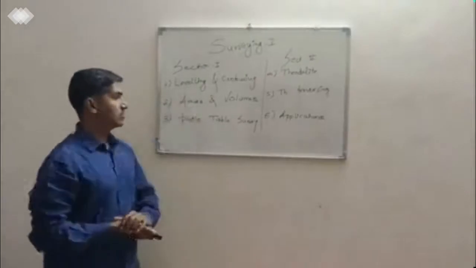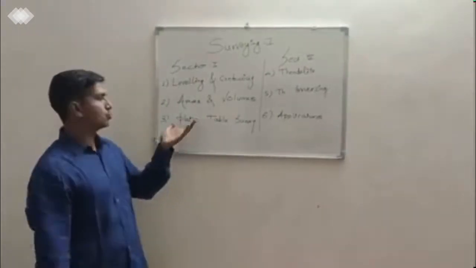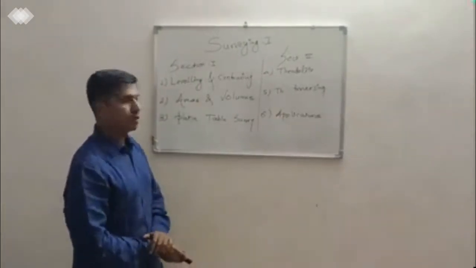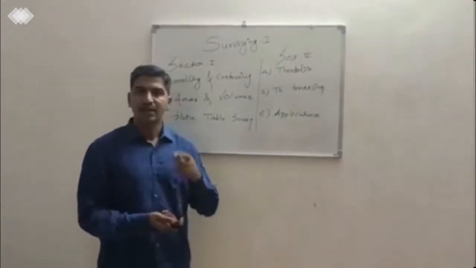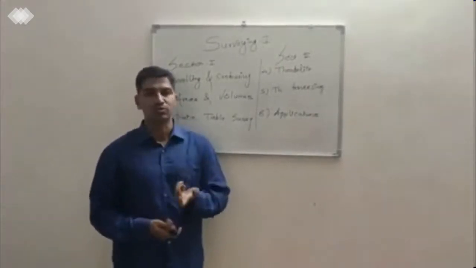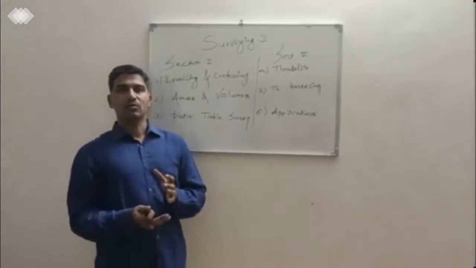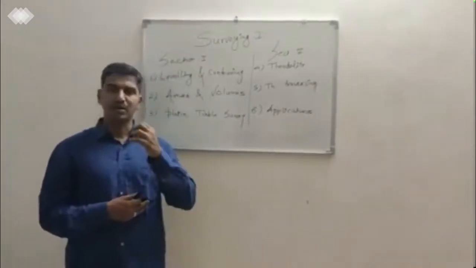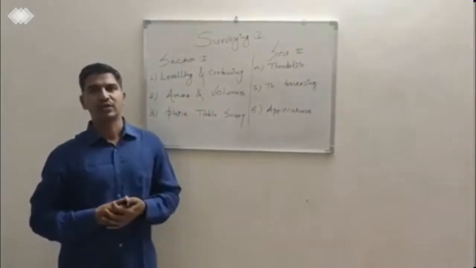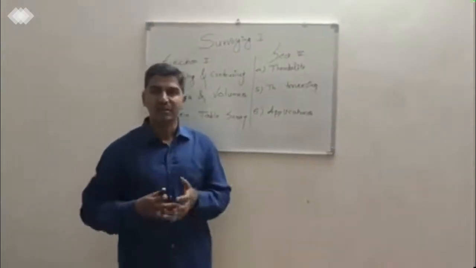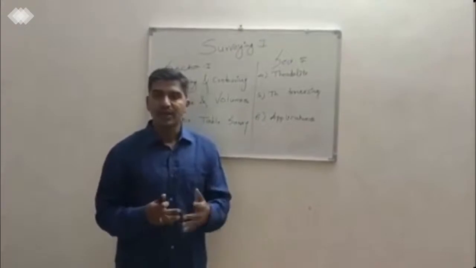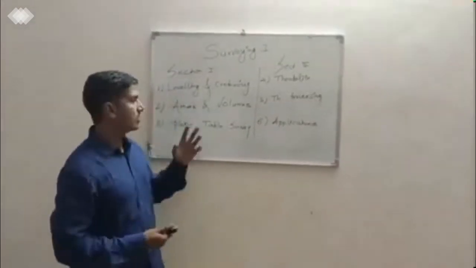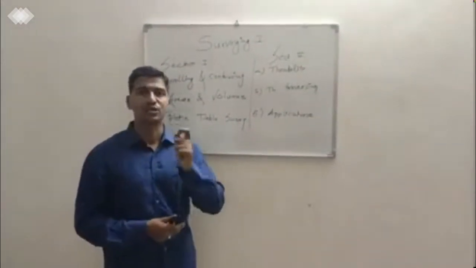In the second unit, areas and volumes, the title itself says that we have to find out the areas and volumes. You have already studied formulas for the areas of rectangles, circles and squares, which we are not going to study here. Here we have irregular shapes.